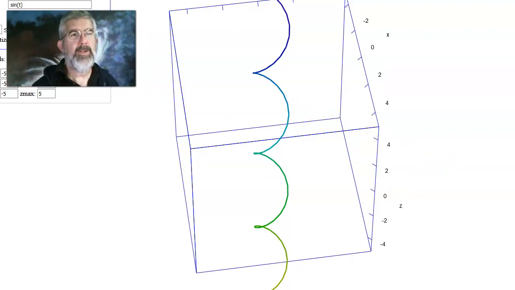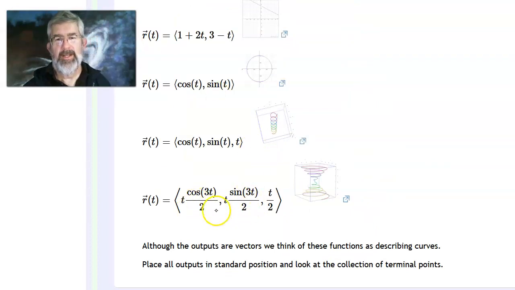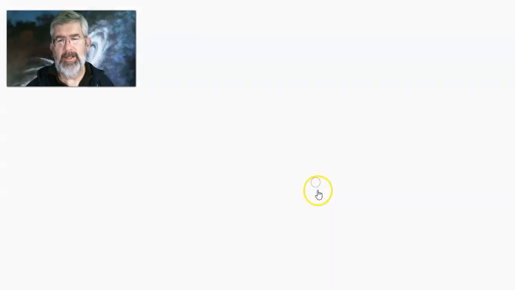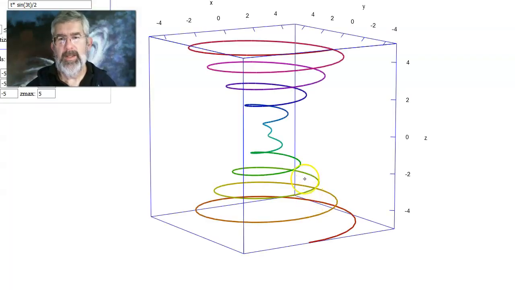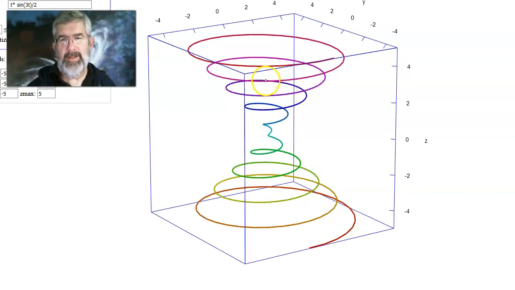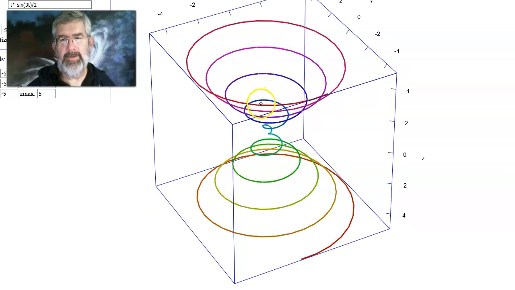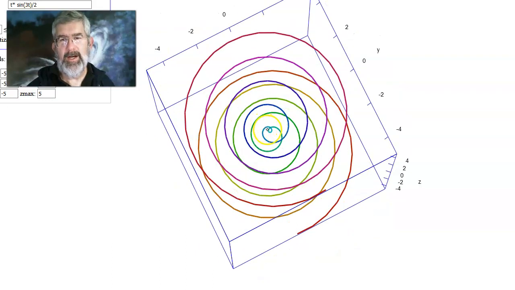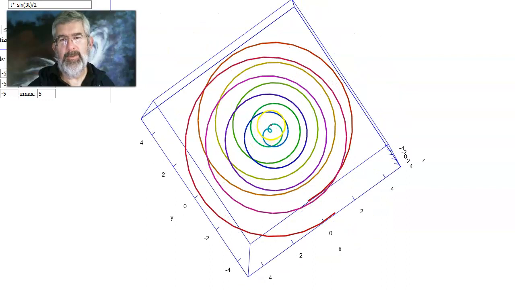Let's go back and look at the last one here. This has a cos t and a sine t in it as well, but there's other stuff going on. In fact, what we have here is sort of a cross between a spiral and a helix, that as this thing helixes upwards, it's spiraling outward or inward, right?